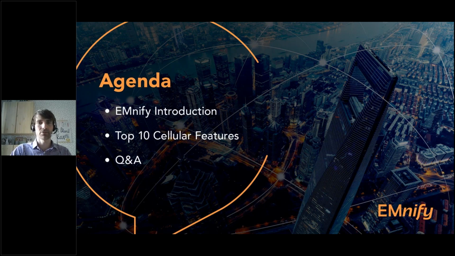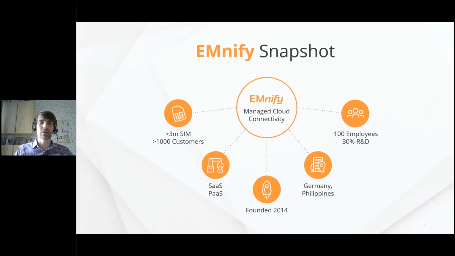Let's start with the introduction to EMnify. EMnify is a cloud connectivity provider, as we call ourselves, but at the end we are a cellular connectivity provider which is dedicated for IoT. We were founded in 2014, when cloud AWS had its birth.